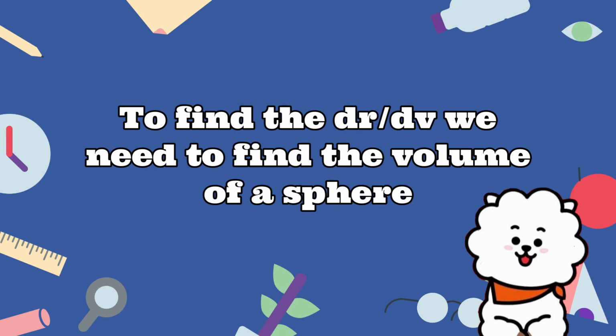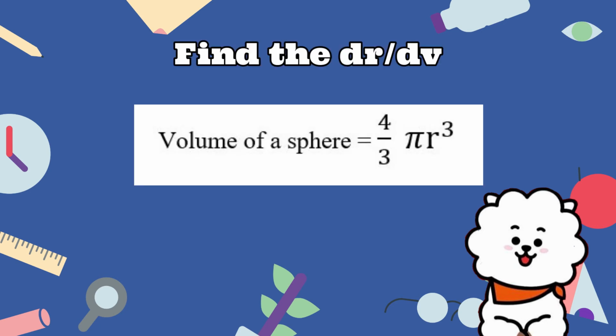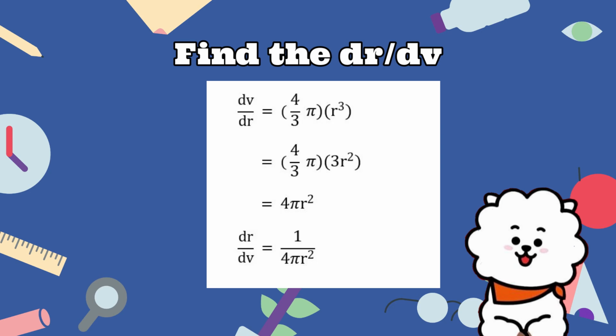Next is to find dr over dV. To find it, we first need the volume of the sphere. The volume of a sphere is 4 over 3 pi r cubed. To find dV over dr, we keep 4 over 3 pi and differentiate r cubed, which becomes 3r squared.